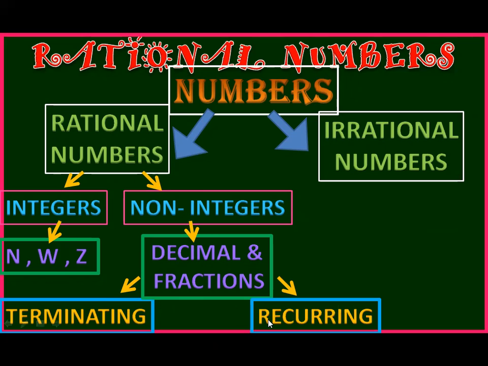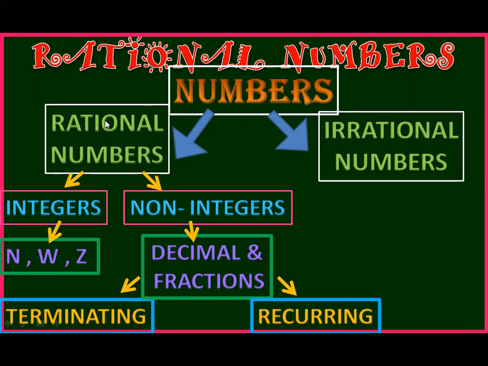Such decimals are called recurring decimals. When decimals are neither terminating nor recurring, they come under irrational numbers. Examples of irrational numbers are the value of pi, root 2, root 3, root 5.